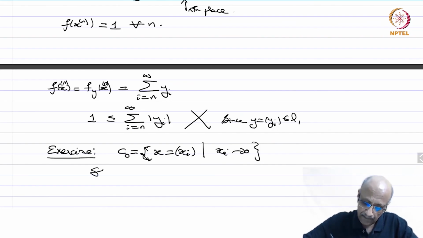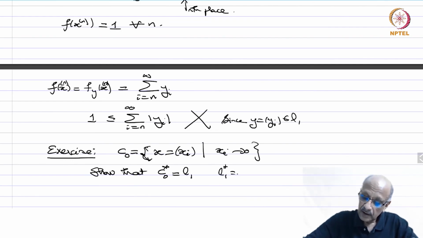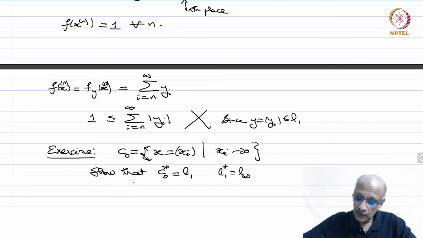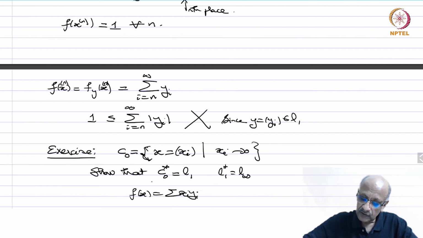So show that C0 star equals L1 and L1 star is L infinity, using the same notation, namely f of x is equal to sigma x_i y_i. So this is how all these duals are identified.